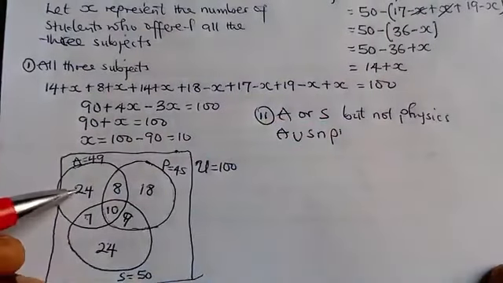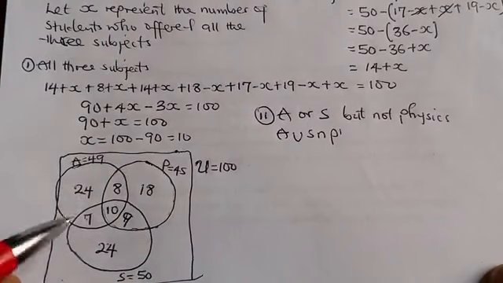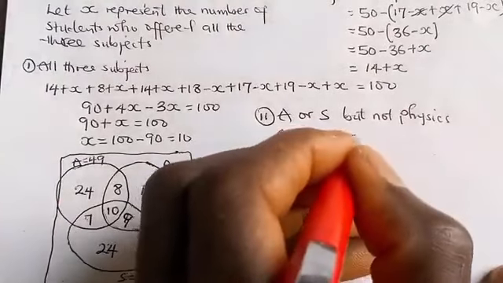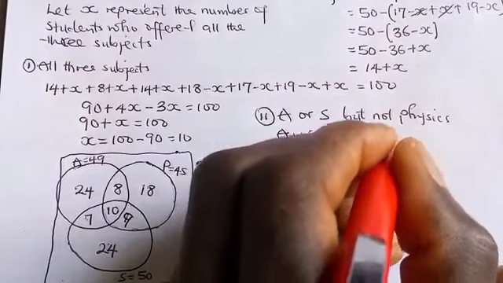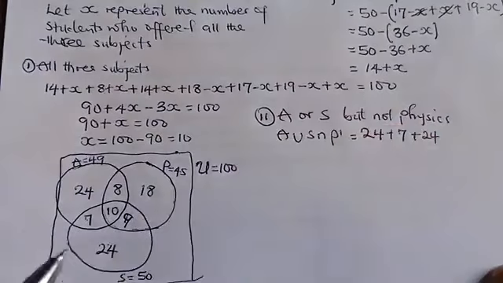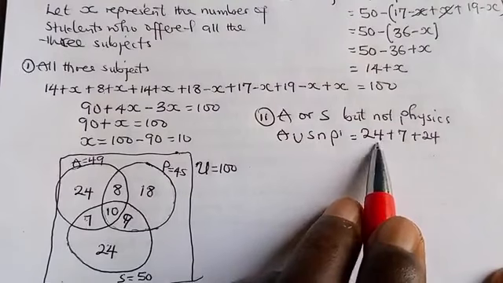You are looking at the union between algebra and statistics, excluding the data for physics, and that's equal to 24 plus 7 plus 24. 24 plus 7, we have 31.